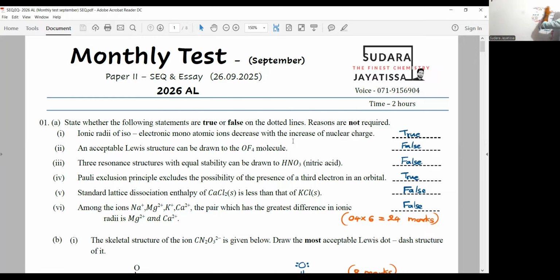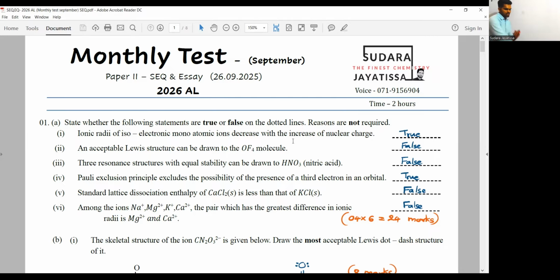It's true. So you know magnesium has more nuclear charge than sodium. Therefore the magnesium 2 plus ion is smaller than sodium plus. So that statement is true. You can write there. That example, sodium plus is larger than magnesium 2 plus. That is the example.